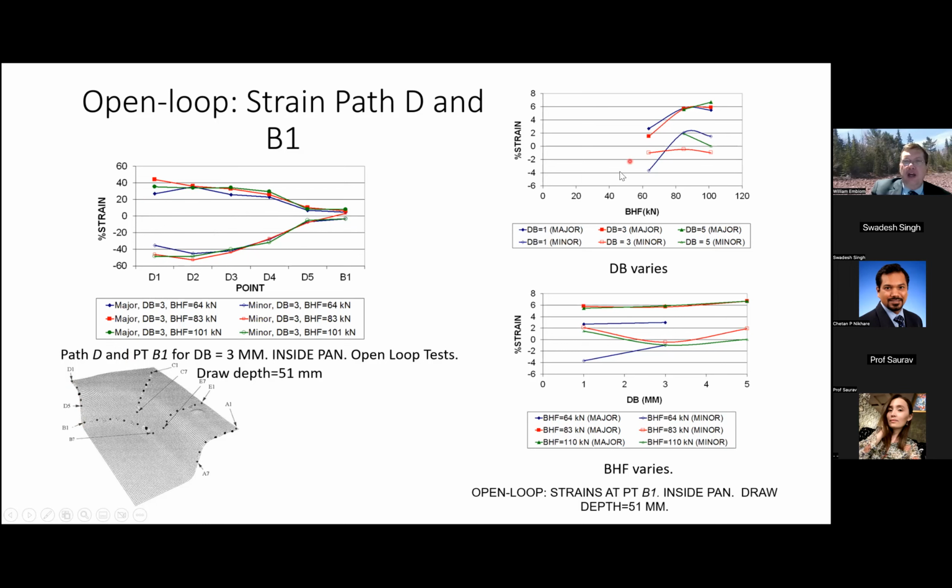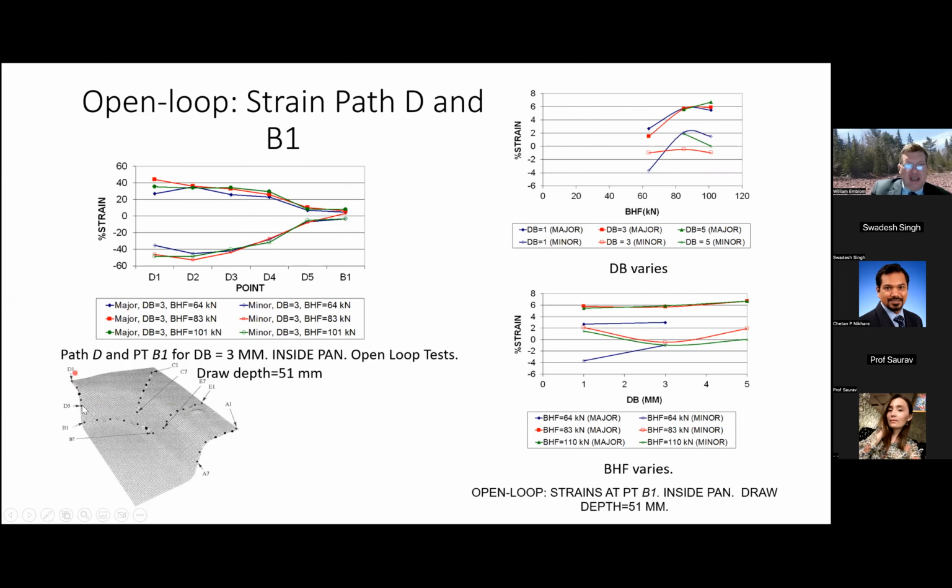So I went back and looked at just what's happening on D1 for open loop tests varying the blank holder forces and then the draw beads. And you can see that if I vary the blank holder forces, the strains tend to increase with increased blank holder force, compared to what happens if I'm controlling with constant blank holder force but vary the draw beads.